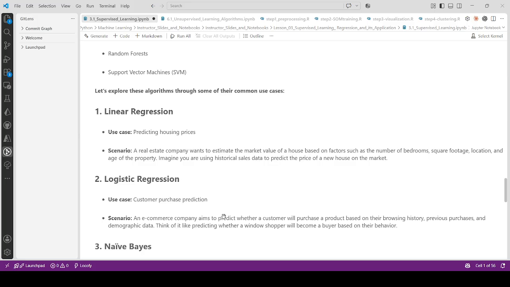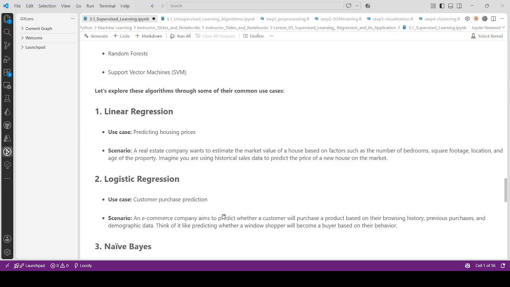For example, predicting housing prices. A real estate company wants to estimate the market value of a house based on factors such as number of bedrooms, square footage, location, and age of the property. Imagine you are using historical sales data to predict the price of a new house on the market.